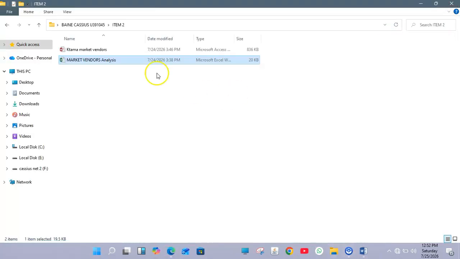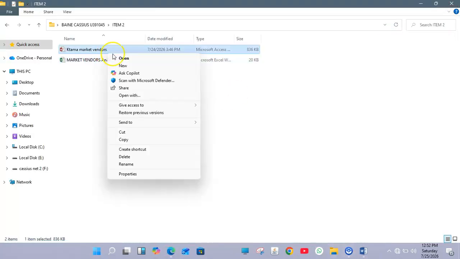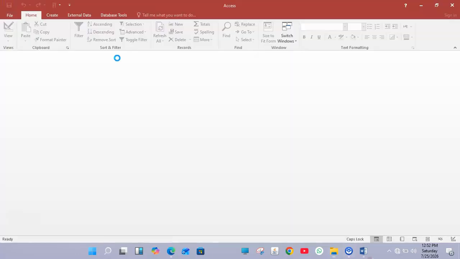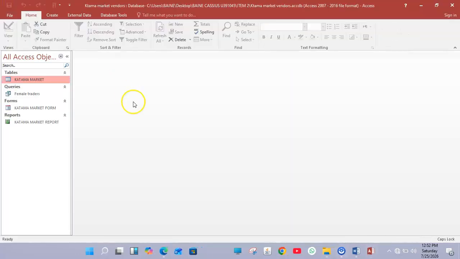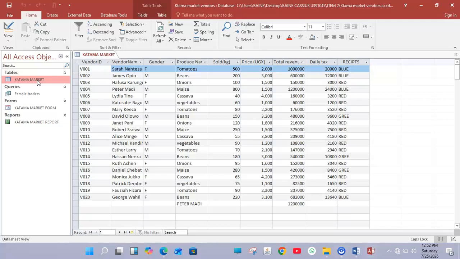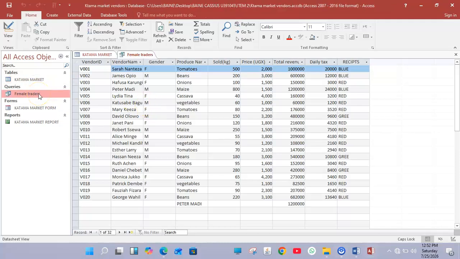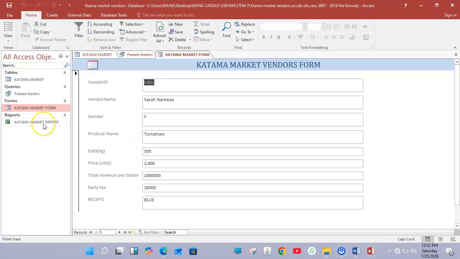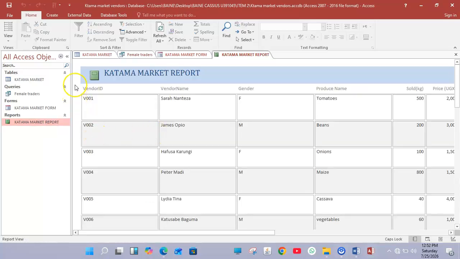Then for the database, let's open it. At least in the database we expect it to have a table of traders, as they have told us, then at least a form for that table, and then at least a report. Something simple.